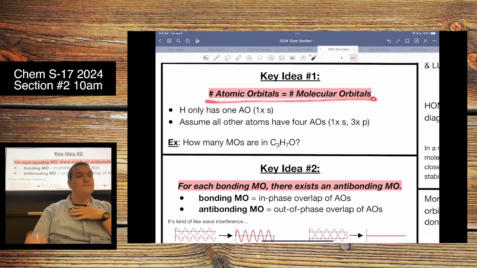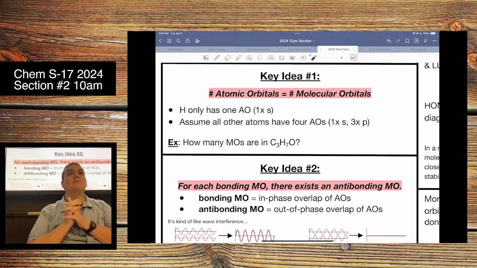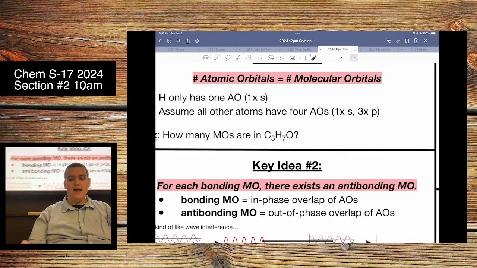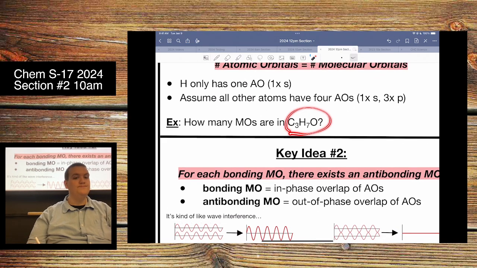So key idea number 1, the number of atomic orbitals that a molecule has is equal to the number of molecular orbitals. So we know hydrogen only has a single atomic orbital, a single s orbital, but almost all of our other atoms are going to have an s and 3 p orbitals. So in total it's going to have 4 atomic orbitals. So let's count how many atomic orbitals are in this molecule.